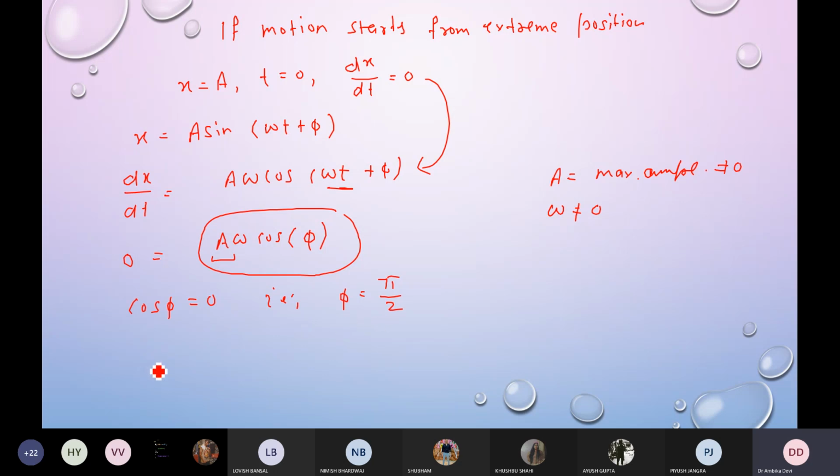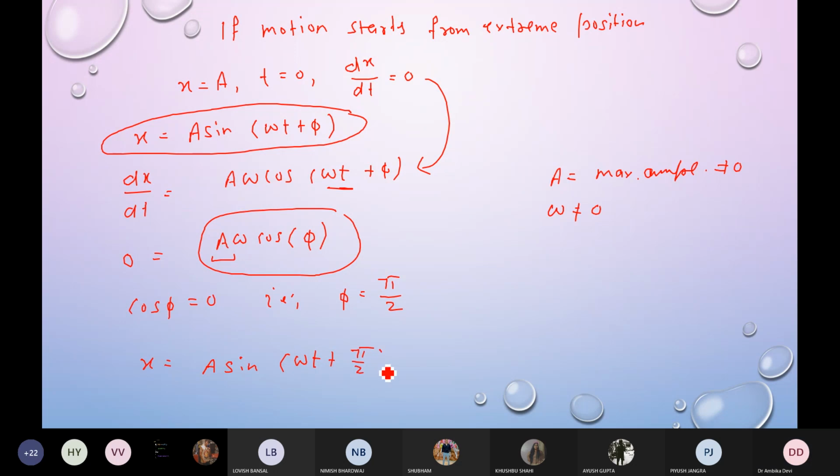So now the solution of equation number 2 becomes x is equal to a sine omega t plus pi by 2, which is equal to a cos omega t, because sine pi by 2 plus theta is equal to cos theta.